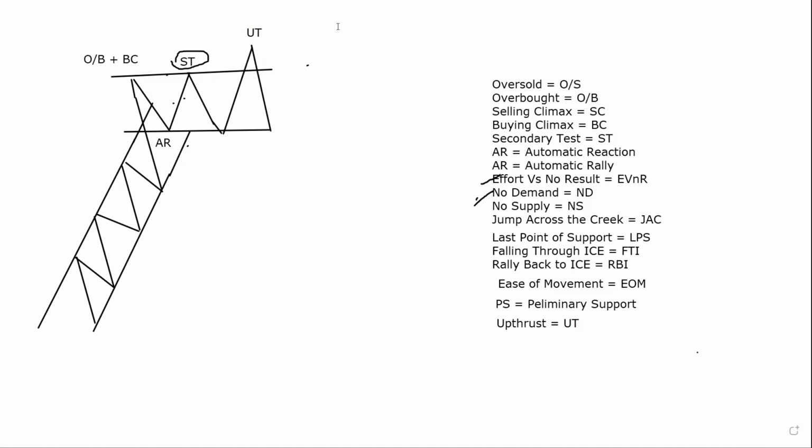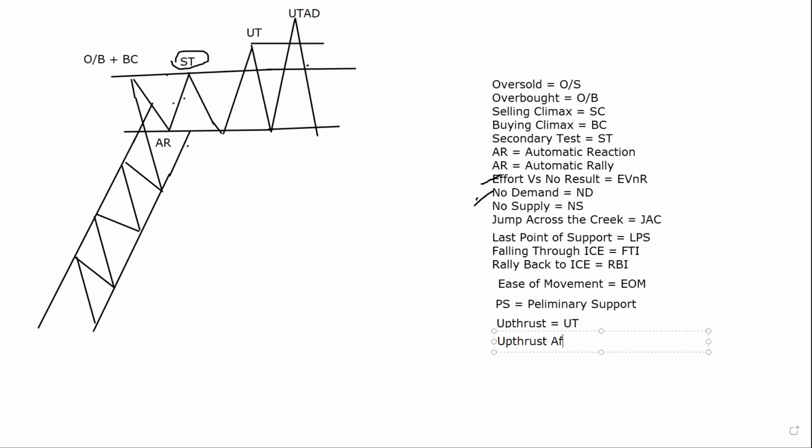And then what will happen? Sometimes the price will come again. This is not always the case, but sometimes this happens. The price will again breach the level of upthrust. We call it UTAD, upthrust after distribution.